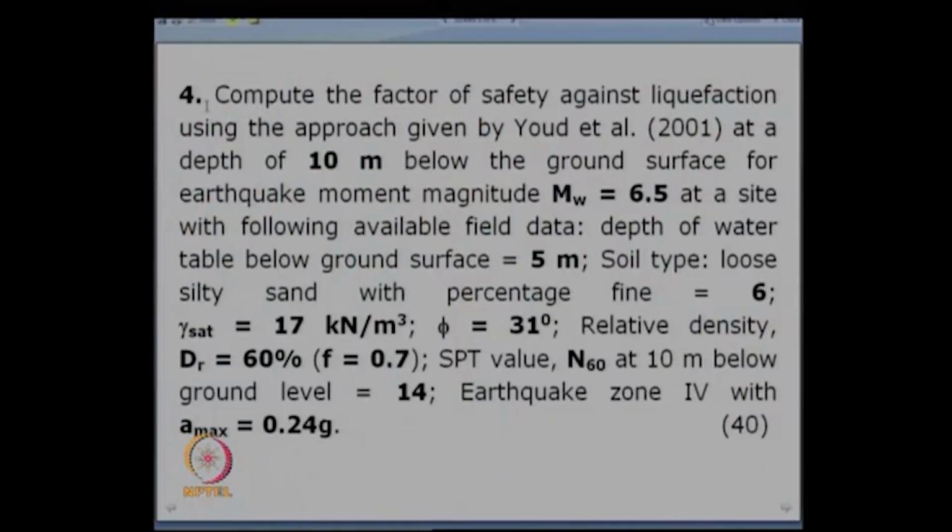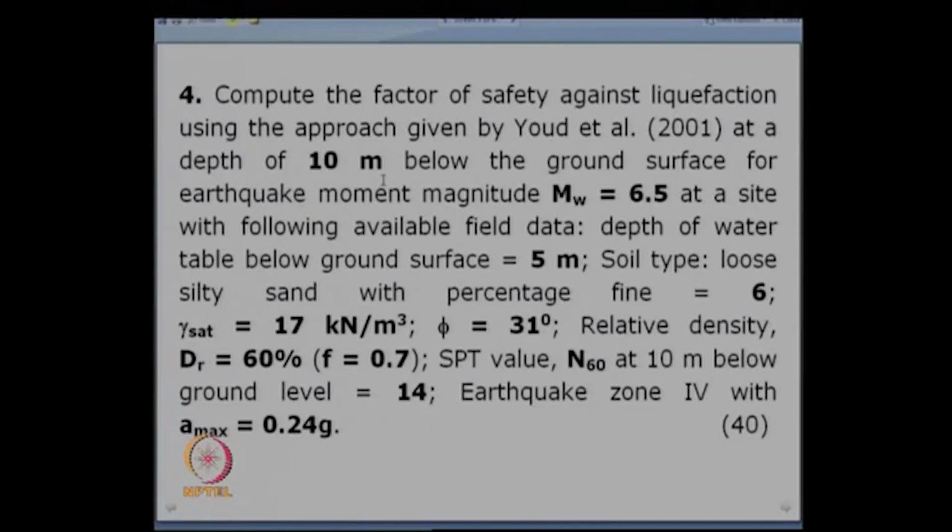Question 4 says, compute the factor of safety against liquefaction using the approach proposed by or given in the paper of Yu et al. 2001, which we have discussed in this course while discussing the theory part.